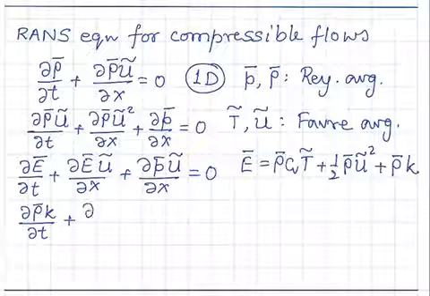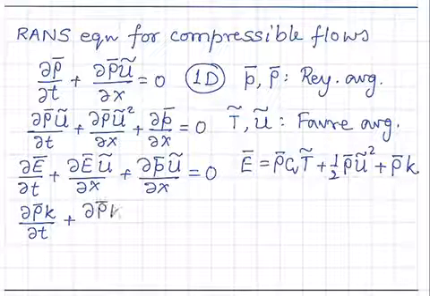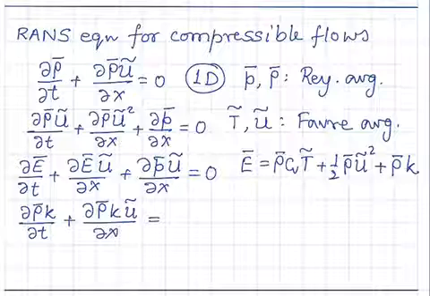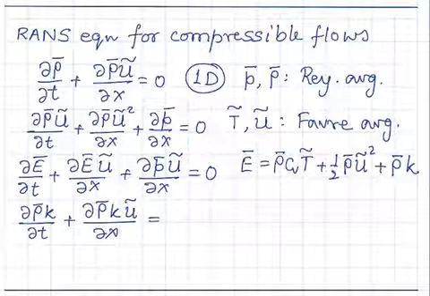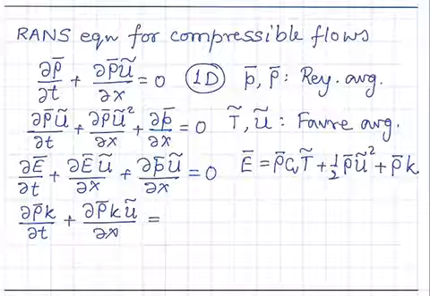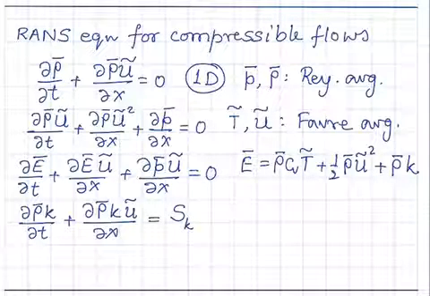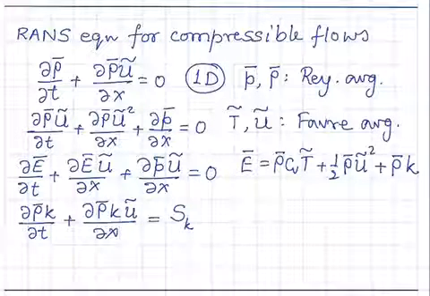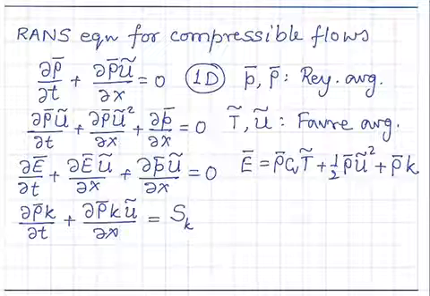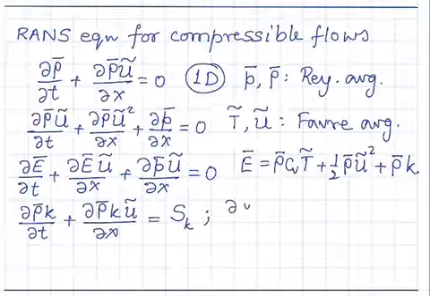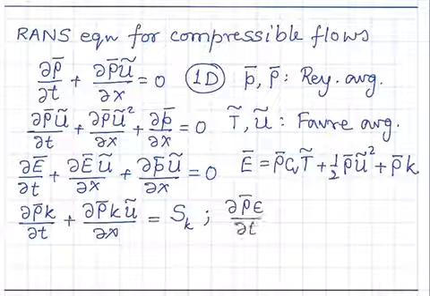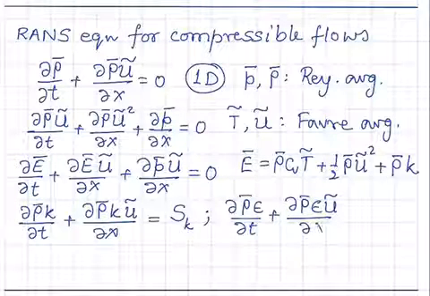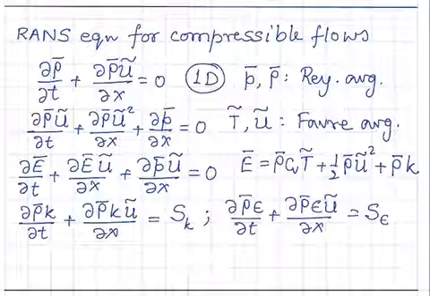It is also in a form very similar to the other equations, rho bar times K times U tilde, d dx, and that is equal to, on the right hand side, viscous fluxes, which we will bring in later, and source terms in the form of production and dissipation, which we will denote together as S_K and look at later on how to handle. The last equation is for epsilon, in a very similar form: time derivative of rho epsilon, plus x derivative of rho epsilon times U tilde, and source terms.